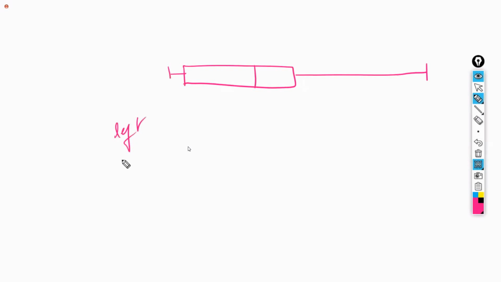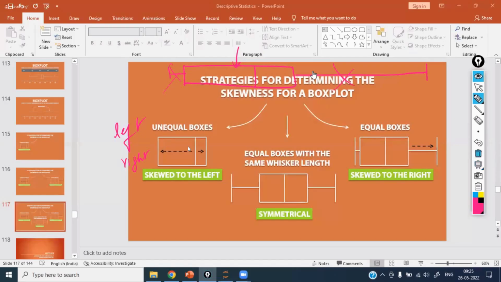How many are going right? Only one. Two more. So the first priority you have to give is for the boxes. Don't look at the whiskers first. First the box. Only if the box is equal, then look at the whisker. First you have to see only the box.